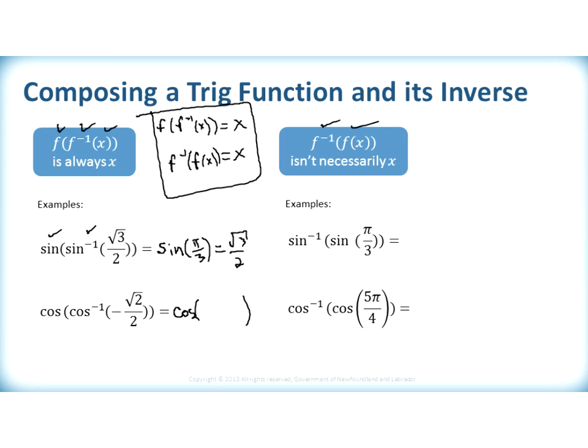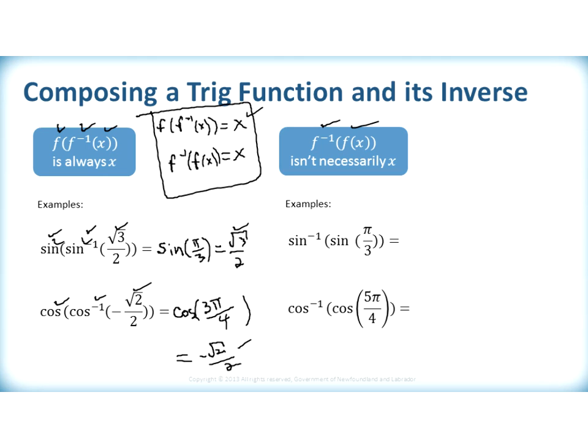The only possible answer there is 3 pi divided by 4, and we know that cosine of 3 pi over 4 is equal to negative root 2 over 2. So that makes sense. The function of its inverse of any x is just equal to x, like we said, and the same thing here. Okay, this is where it all starts to break down.